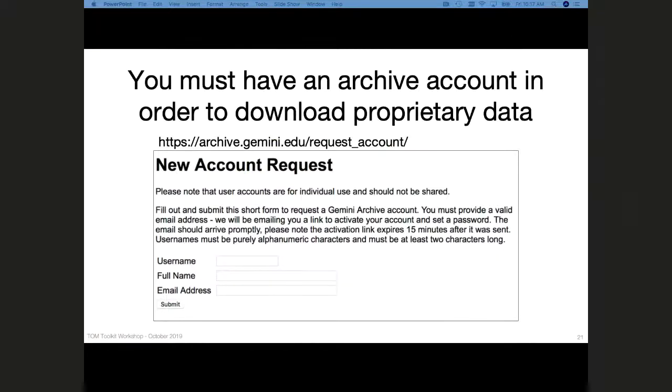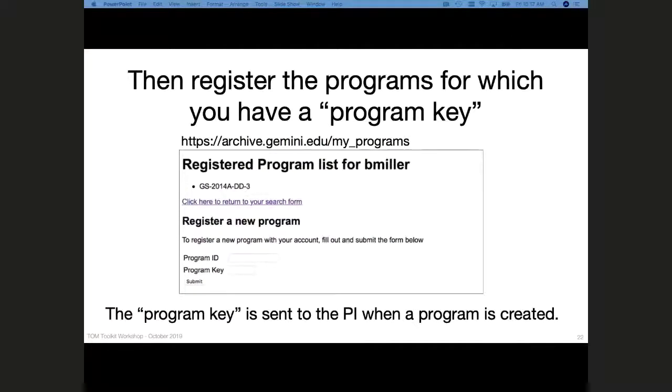The next step is to register the programs for which you have a program key, which provides you access to the data for that. This program key is sent to each PI when we create the program in the observing tool. You just enter your ID, your key, and then it'll appear in this list here, and then you'll be able to access that data.